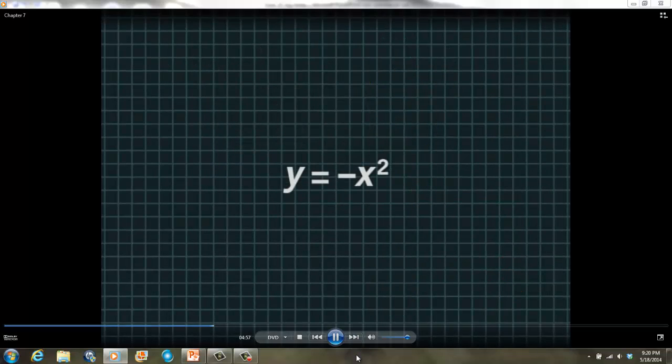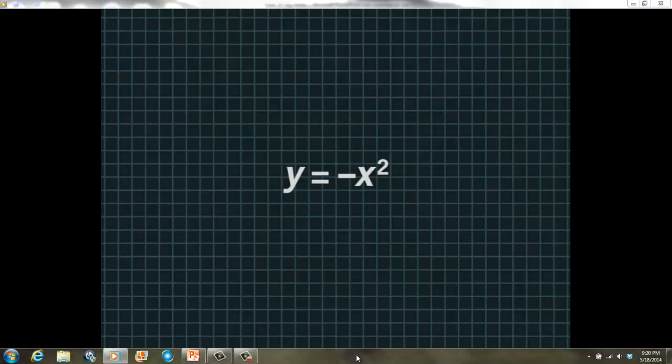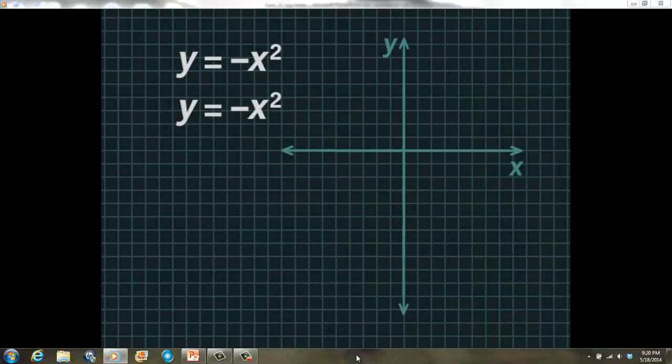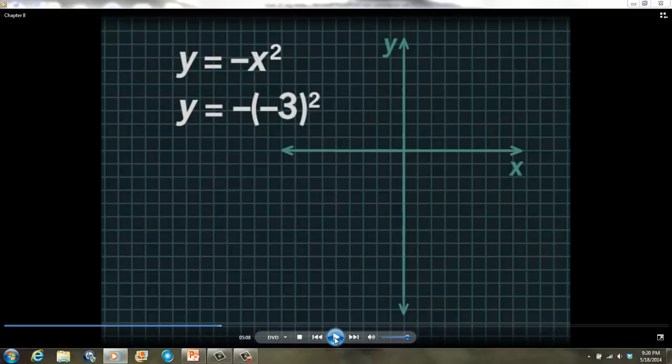Now let's graph the equation y is equal to the opposite of x squared. Well, if x equals -3, y would be the opposite of -3 squared. This is the example on the second part of your video notes. I have also included a table for you to fill in the point values and follow along as we graph this equation. Or -9. So, (-3, -9) is a point on the parabola. -2 squared is 4.